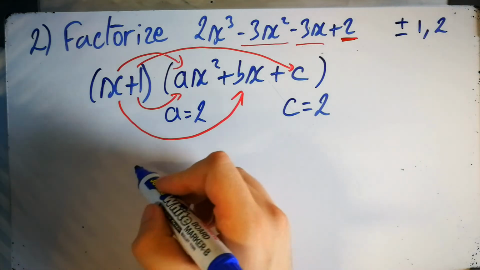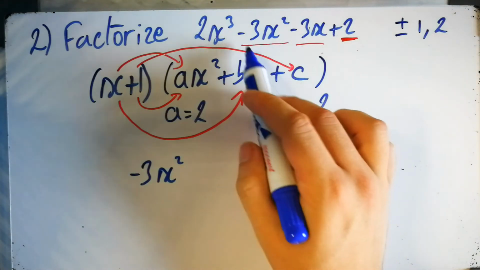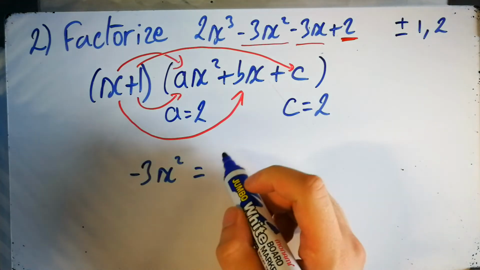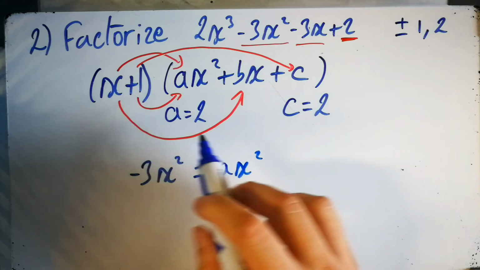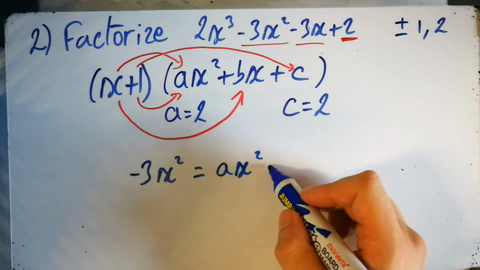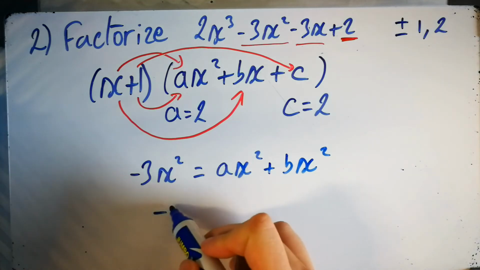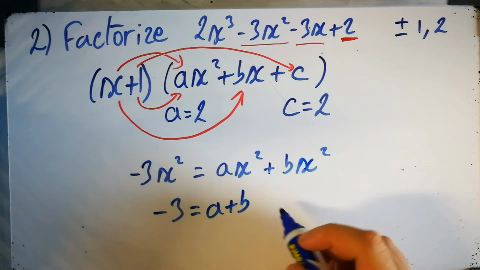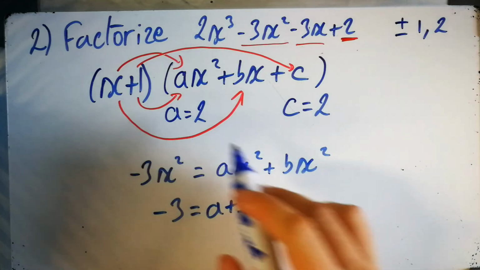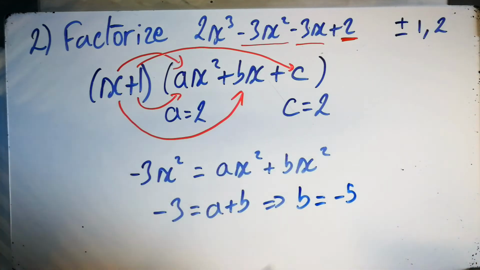So I will get minus 3x squared, coming from this equation, is the same as ax squared plus bx squared. So in the end, I get minus 3 is the same as a plus b. Knowing that a equals 2, I get that b is minus 5.